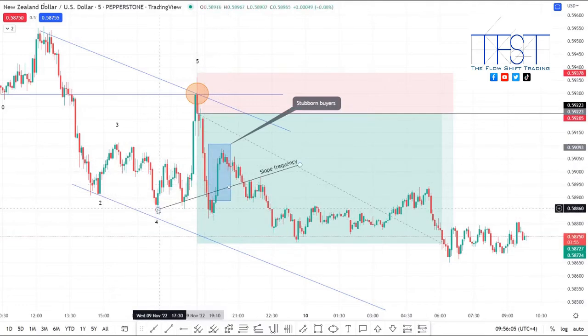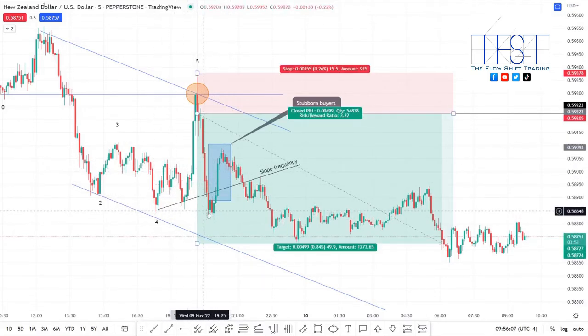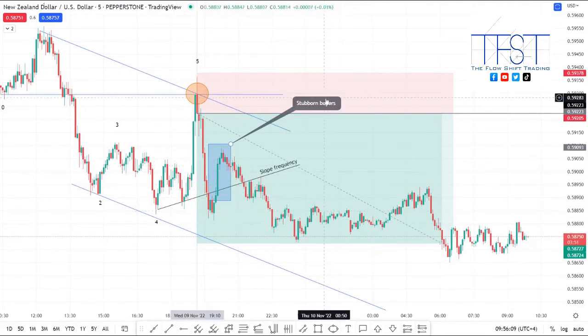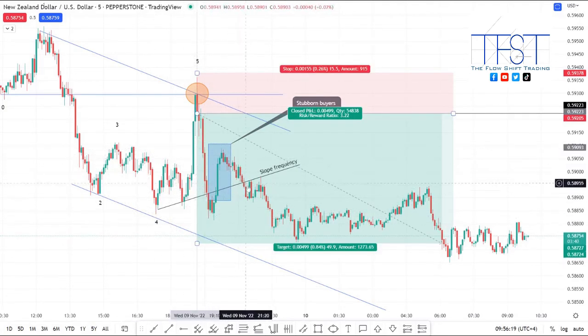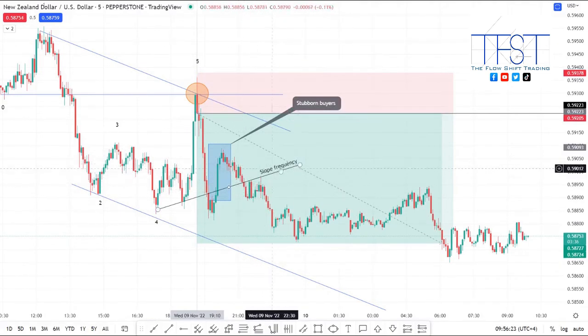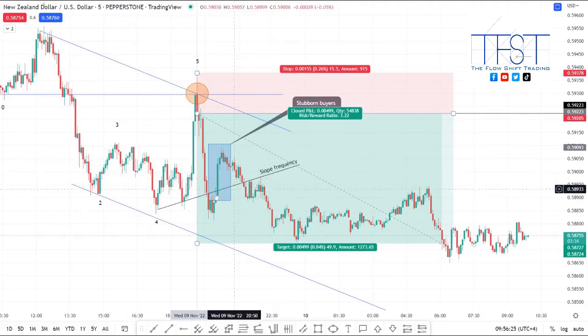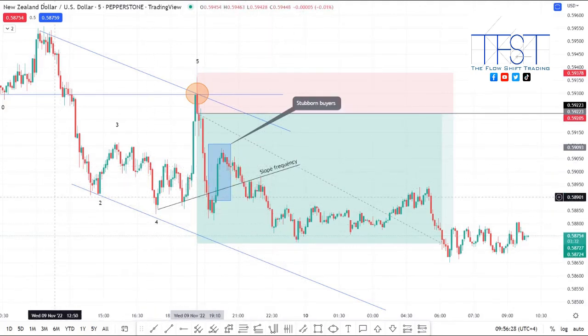Ayun, nagbilihan sila dito. Most probably mga limit orders to. And since we have stubborn buyers, from number 4, kumuha tayo ng slope frequency. And as you can see, nung nag-fail yung expectations nila doon, price returns to the slope frequency line being tested as a resistance once more.